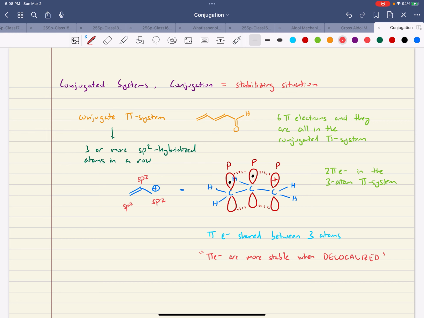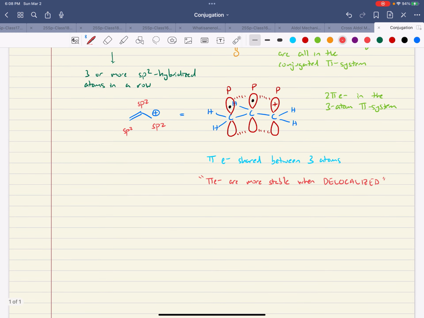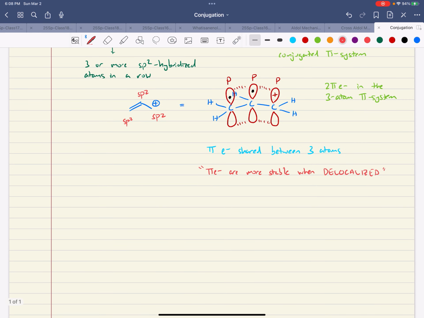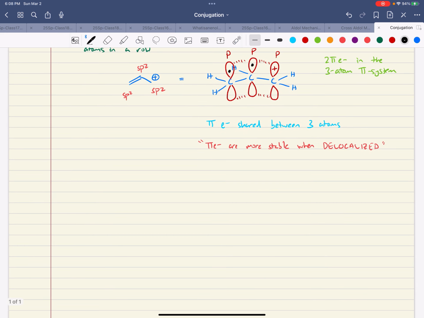Okay, so let's practice, and I'll get to the specifics of the aldol reaction and the enolate stuff that we've been working with. But let me give you a very simple problem. We have these dienes. Dienes are 2 double bonds. Versus this. Guess what? This one's more stable.